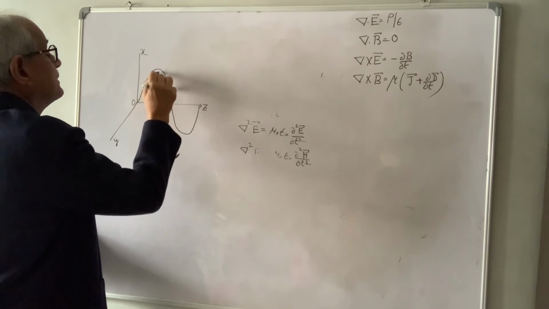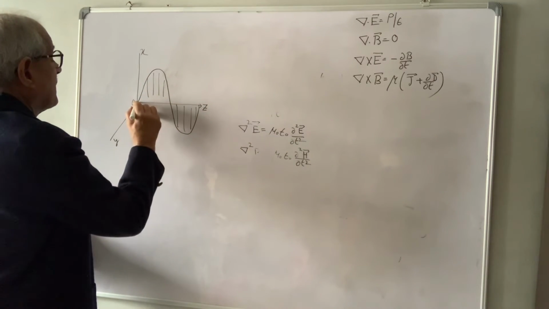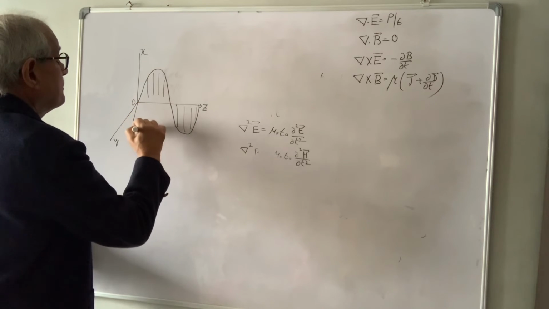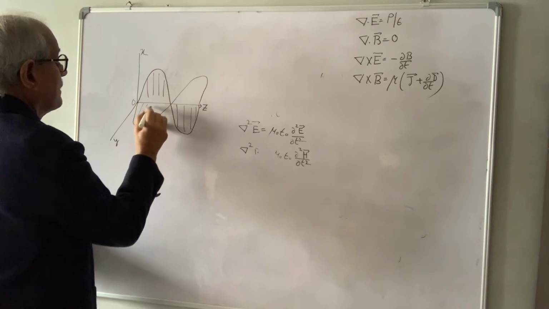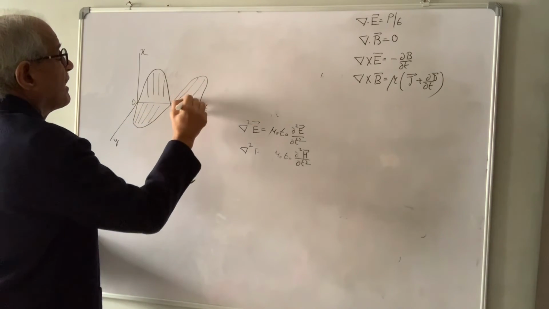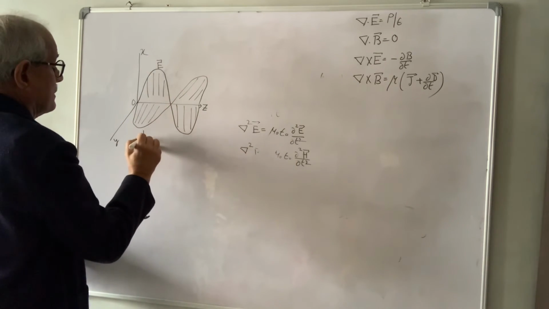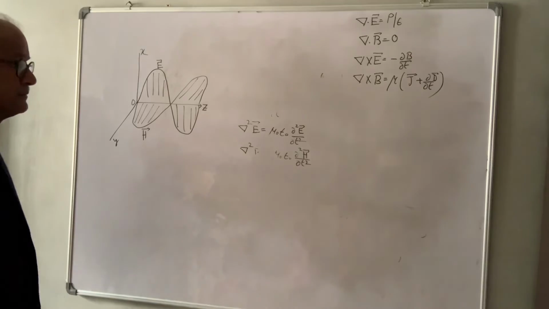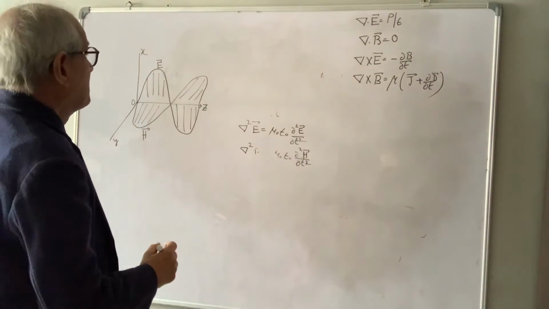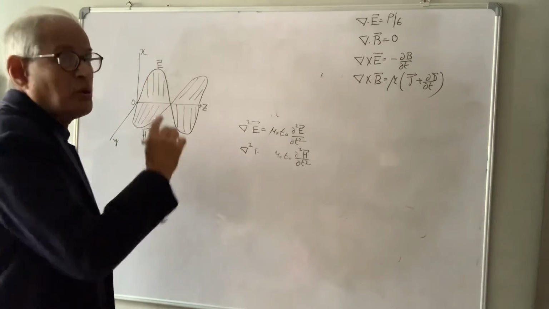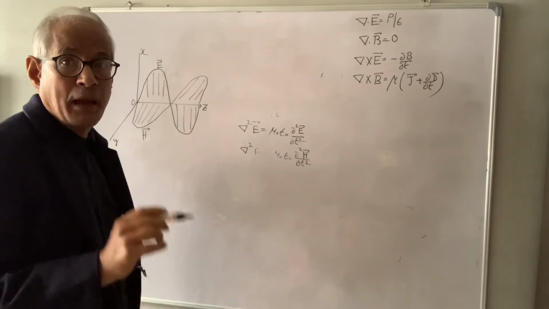So this is electric field. And the magnetic field will be changing along the y-axis on the yz plane. So let it be E and it be H. In that case, only X component of electric field and Y component of magnetic field will be applicable.